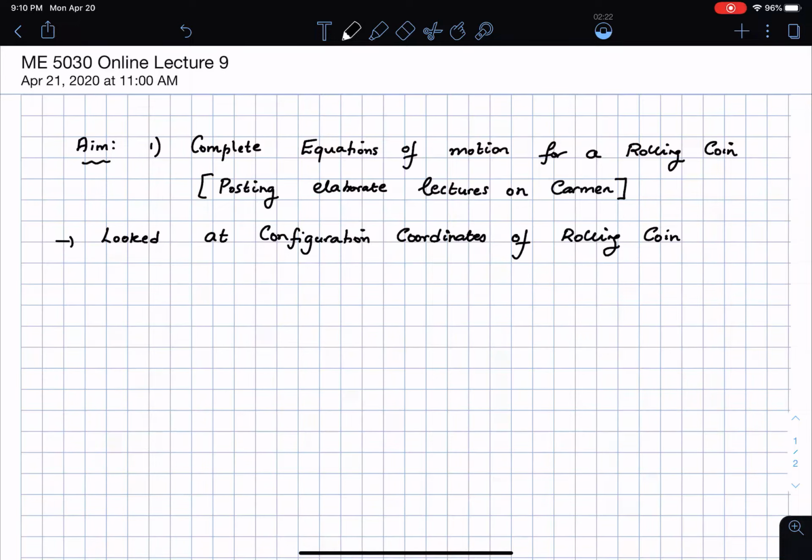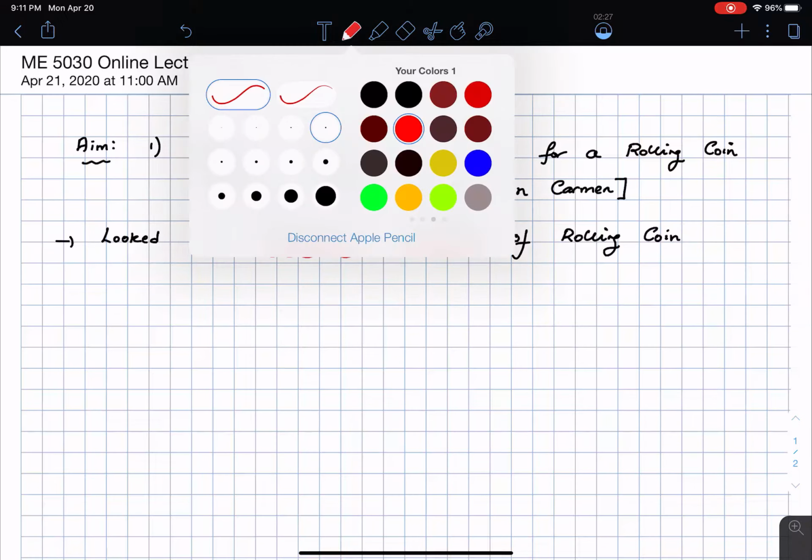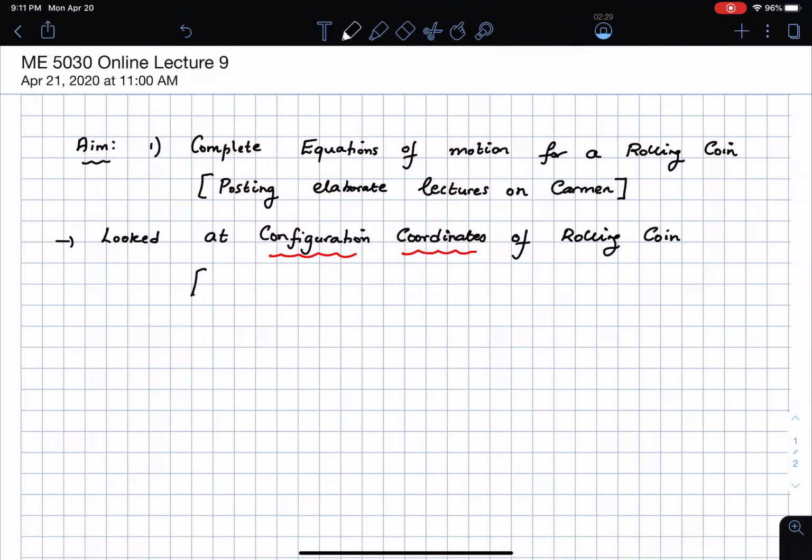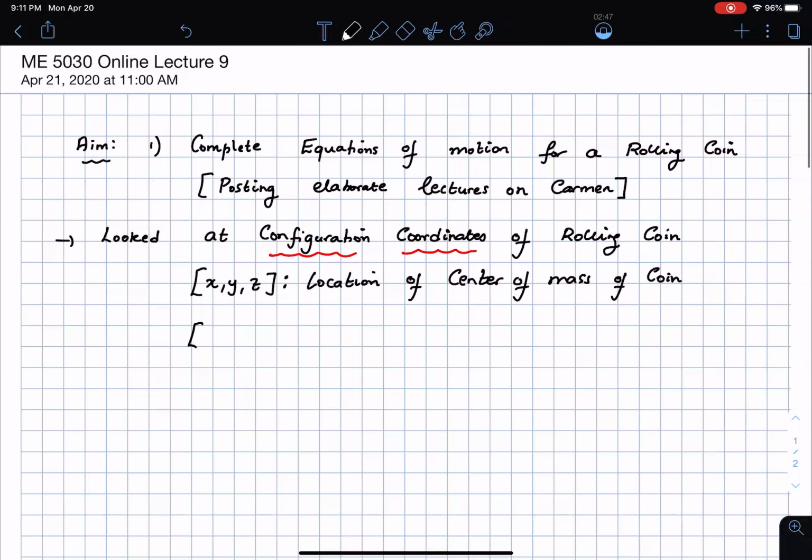These configuration coordinates are the following. We had 6 of them. We had x, y, and z, which are the location of the center of mass of the coin, and we had 3 angular quantities, phi, theta, and psi, the Greek letter psi.